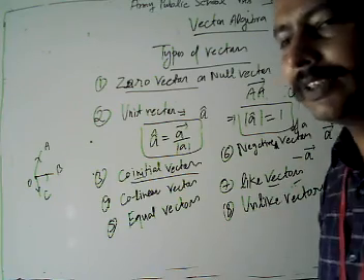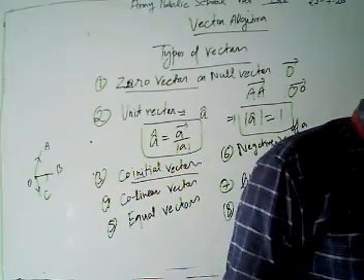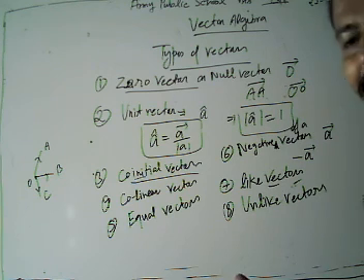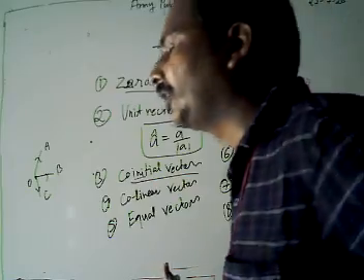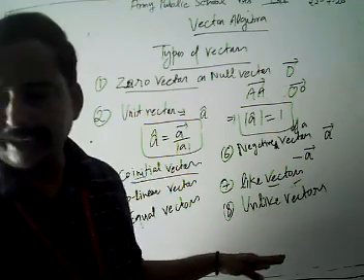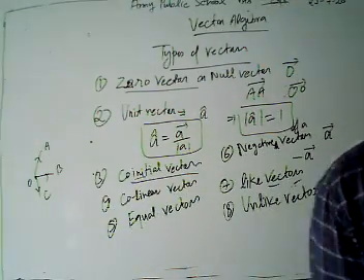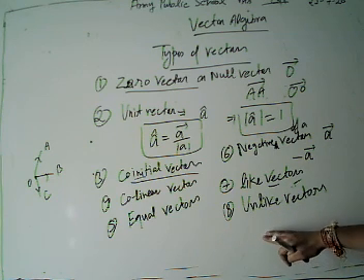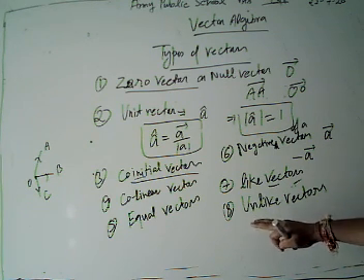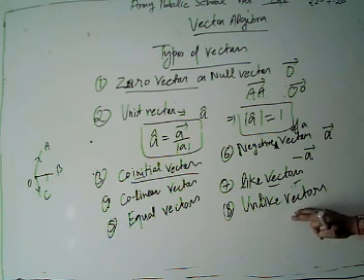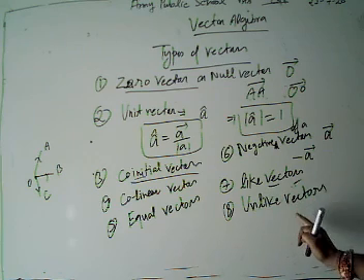What are unlike vectors? Two or more vectors of any magnitude are said to be unlike vectors if their direction is not the same. In like vectors the direction is the same, while in unlike vectors, irrespective of magnitude, the directions are reverse or opposite to each other.